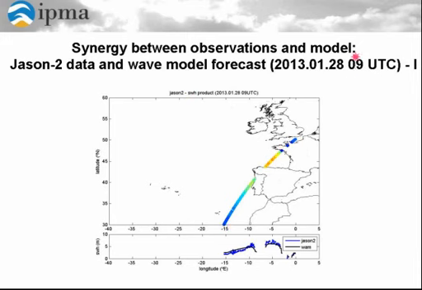This is from 9 UTC on the 28th, which was the last day of the images that I showed you in the earlier slide. You can see in blue the altimetry data, in black the model. You can see some difference over here. They are, of course, strongly linked, but we're going to zoom in on the next slide.